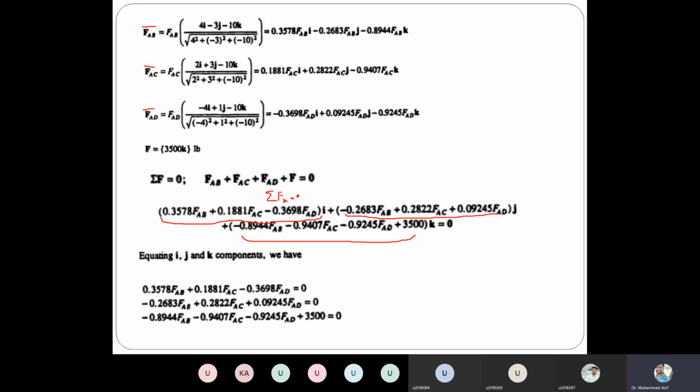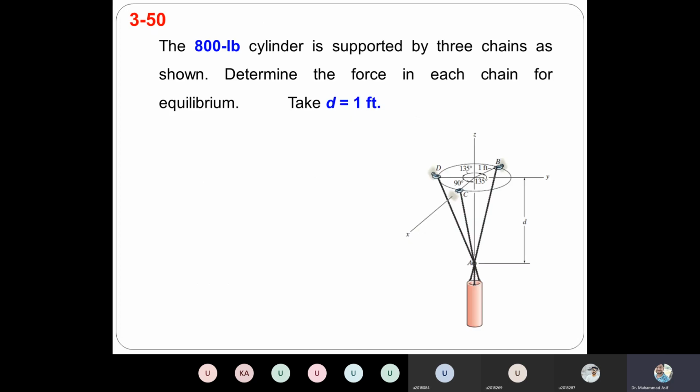So these are the three equations. If you solve these three equations simultaneously, you will get these three unknown forces, right?